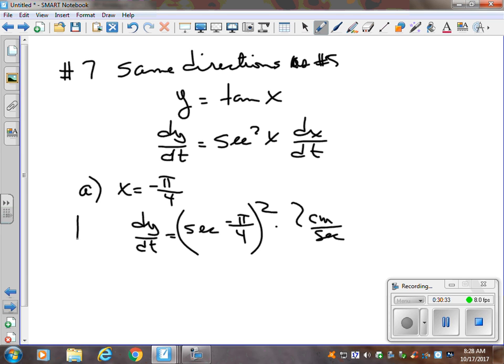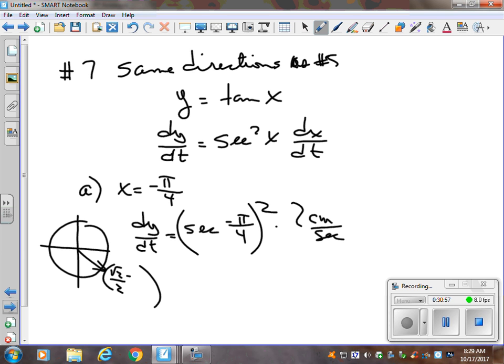Now, negative pi over 4, remember, is a quadrant 4 angle. And in quadrant 4, the second one's negative and the first one's positive. Everybody agree? You go across to the right and down. And secant's the reciprocal of cosine, so at least they let us use the value where both of them are the same, so you wouldn't actually get that wrong.